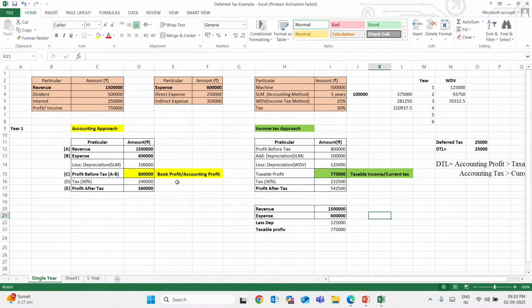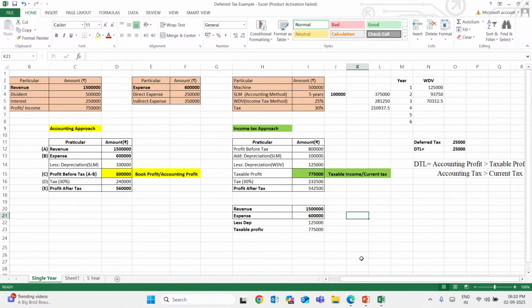So now, as you can see, the profit before tax or the book profit is more than the taxable income. Okay, so according to the company's accounting point of view, they are showing more profit, right? That means they will be paying less in future.